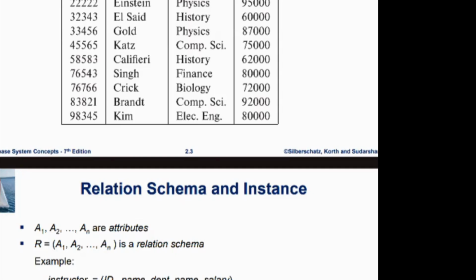From the instructor relation. Now see the result: id, name, and salary. Only those columns and the related rows will be displayed. Project means projection. Whatever you want to display, that will be displayed. In front of that, you need to apply the pi. Any doubt? No.